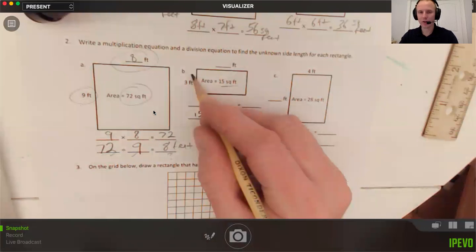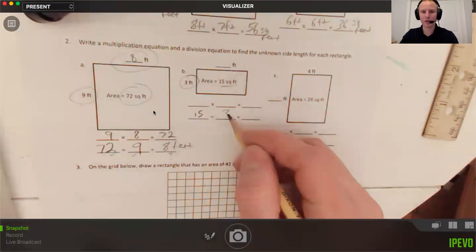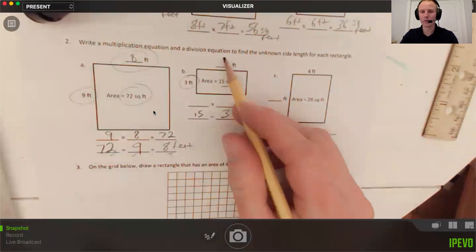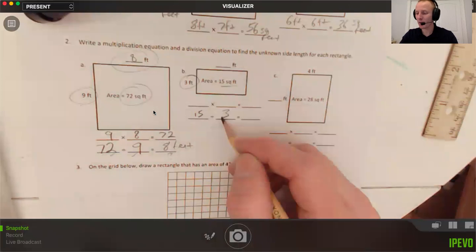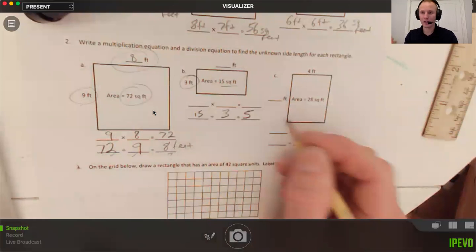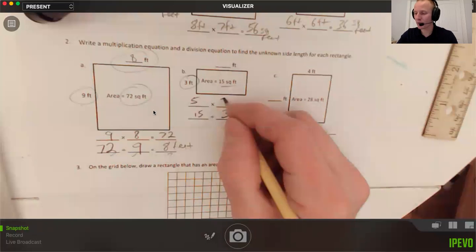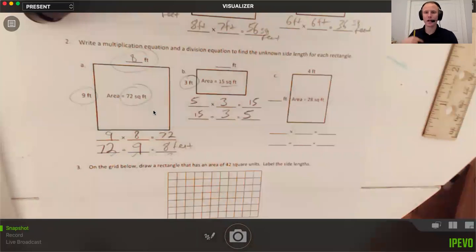The first side length is 3, and I'm not sure yet what this top part is. Well, 15 divided by 3 I know is 5, because the turnaround fact is 5 times 3 is 15. I always think of my division facts as turnaround to multiplication. What times something equals 15? Well, 5 times 3 equals 15.